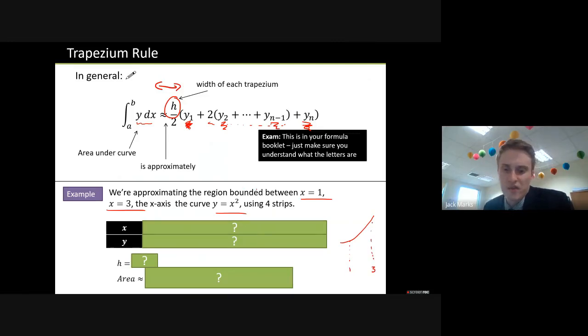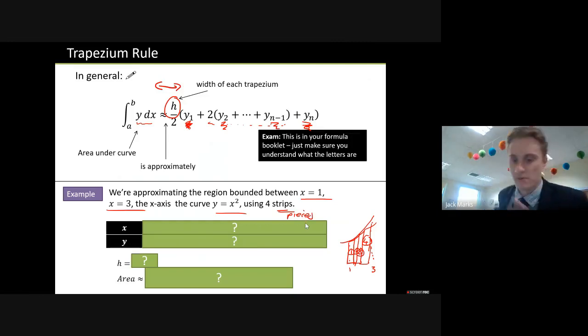If we wanted to use 4 strips, well, a strip means like that. That's 1 strip. That's 2 strips. Excuse my awful drawing. That's 3, and that's 4. So 4 strips means 4 pieces. Actually, there are 5 different y values, so watch out for that. It means 4 different pieces.